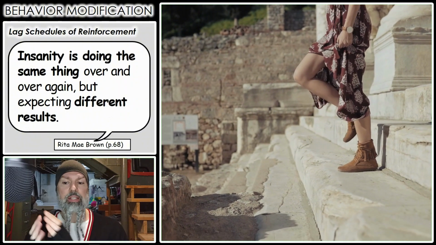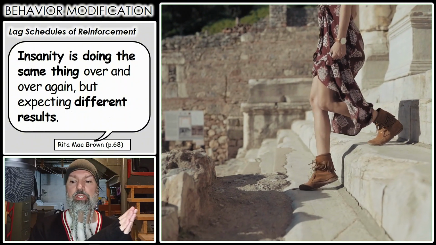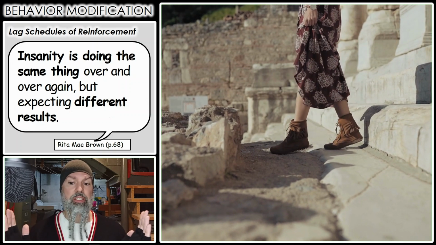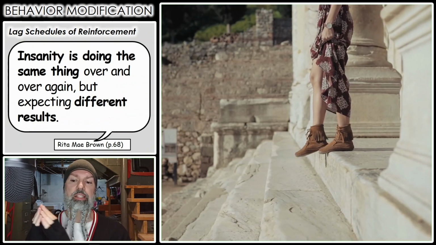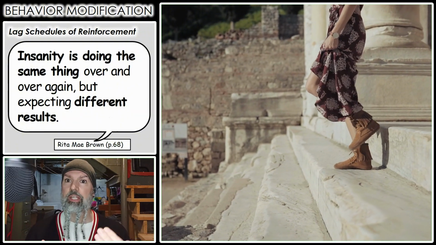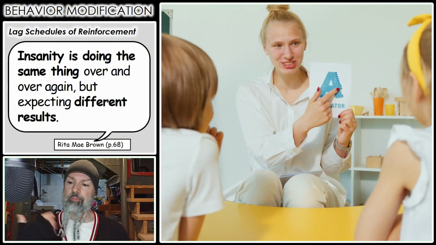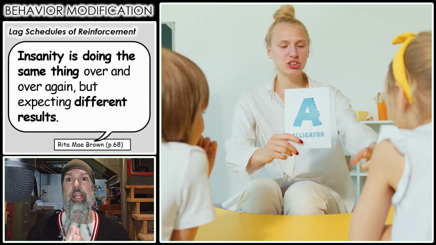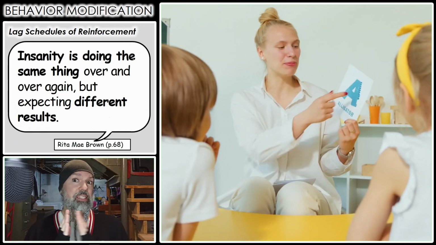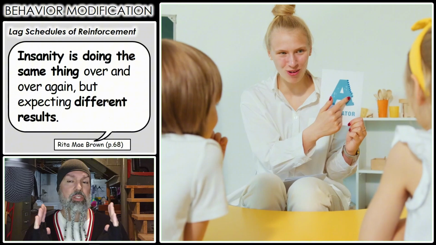On a lag 3, it's got to differ from the previous 3 responses and so forth. And you can go all the way up to a lag infinity schedule where your current response has to differ from all previous responses. So for example, if you're a teacher and you're teaching children the alphabet and you're asking them to name every animal that they can think of that begins with the letter A, that's a lag infinity schedule of reinforcement.